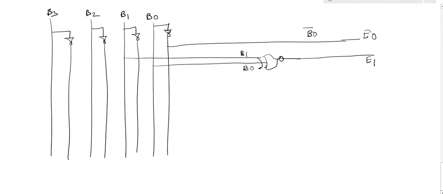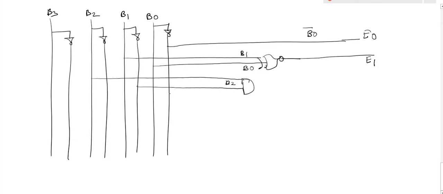Now we'll implement E2. Now for E2, we need two AND gates. Now for the first AND gate, the first input is B2, second input B1 bar and B0 bar.